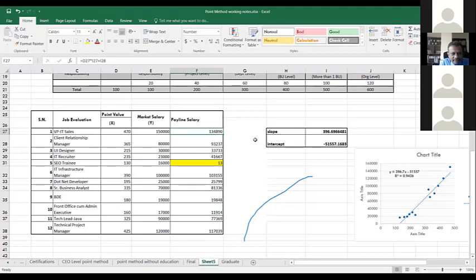D27 into I27 plus I28. Just go to the next one, client relationship. Go to that 13 where the yellow one is. D31 into I27. Correct. Okay, this seems fine.